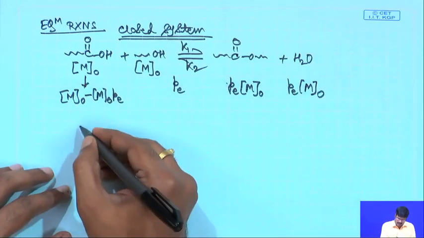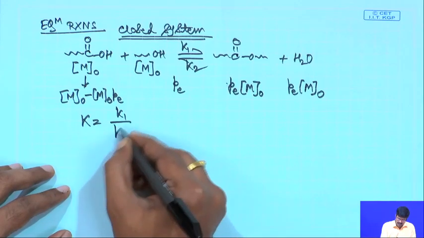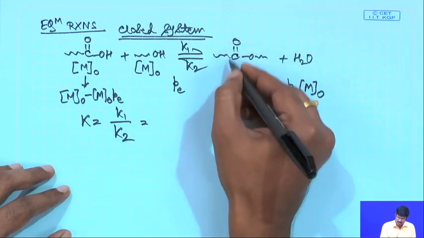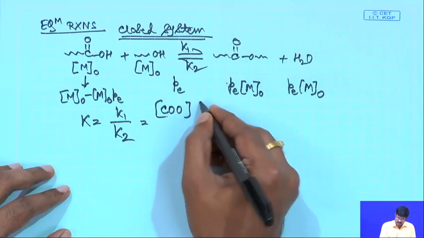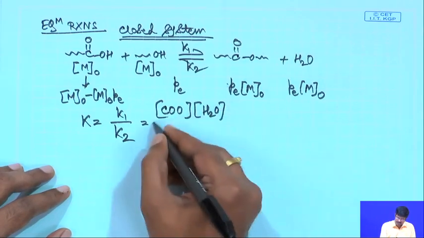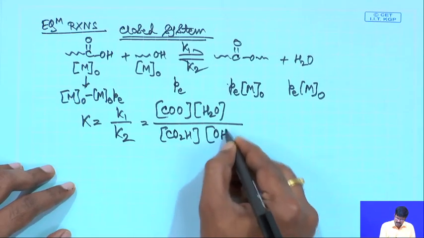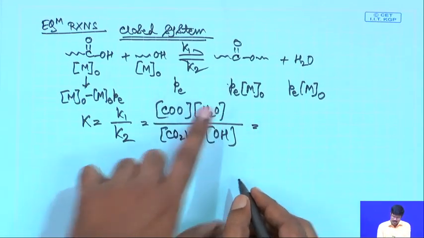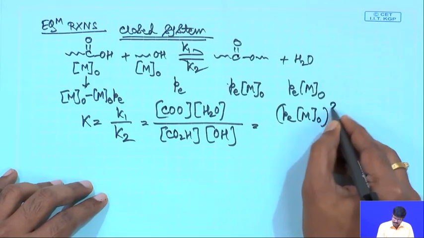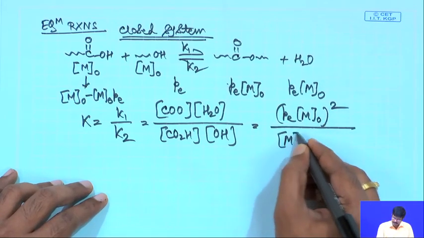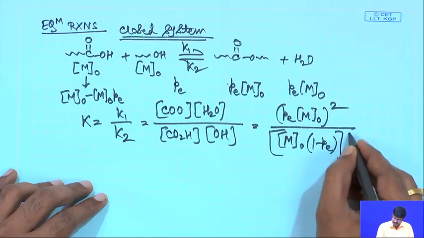So, if you write down the expression of equilibrium constant, which is nothing but small k1 divided by small k2, which is equal to, say, this product we write as the ester, COO, and water, concentration here, and this is CO2H starting material, and this is OH. So, this will be PE m0 square on the top, and on the bottom it will be m0 into 1 minus PE square.